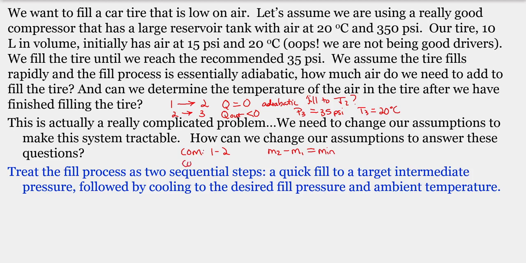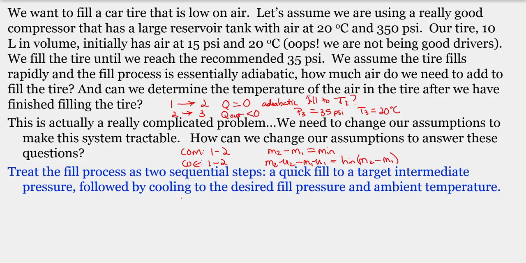The conservation of energy is also exactly the same as before. It's adiabatic, so the change in internal energy is balanced by the enthalpy associated with the air entering the system. So we had this expression. Okay, so this is from 1 to 2.